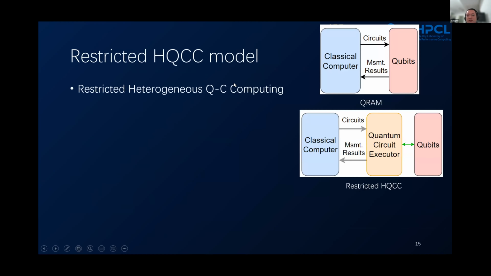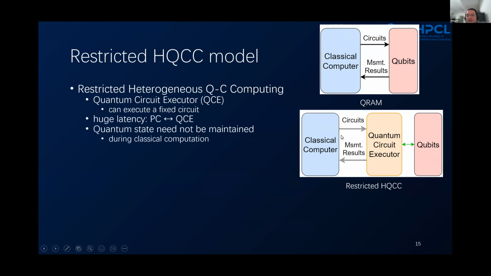So we depict this model as the restricted heterogeneous quantum-classical computing model, and it has a quantum circuit executor. It can execute a fixed circuit, and the communication here, denoted using the gray lines, has a high latency. Also, if you want to perform some classical computation, the quantum states cannot be maintained.